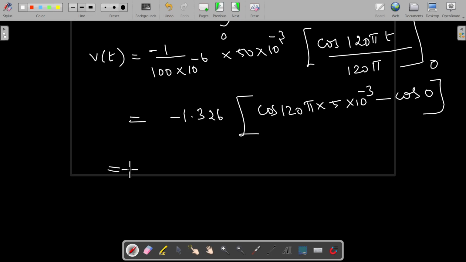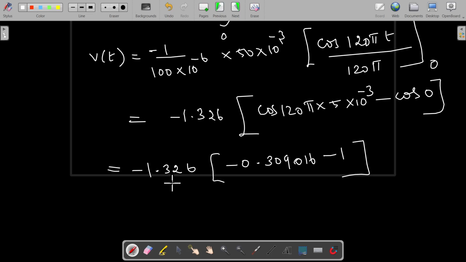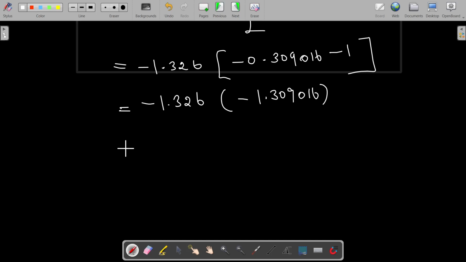So this is equal to minus 1.326 multiplied by minus 0.309016 minus 1. So it is minus 1.326 and then multiplied by minus 1.309016. So minus minus becomes plus.